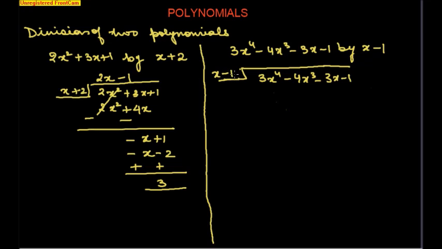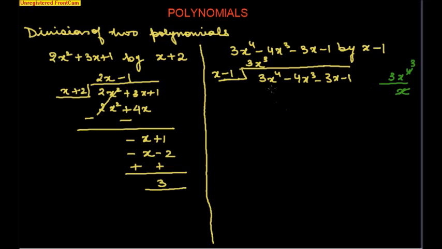Now again we take the first term of this polynomial, which is 3x to the power of 4, and the first term of this polynomial, which is x. When you cancel it, x to the power of 4 cancelled with x, we get x cube. So the first term of the quotient is 3x cube.